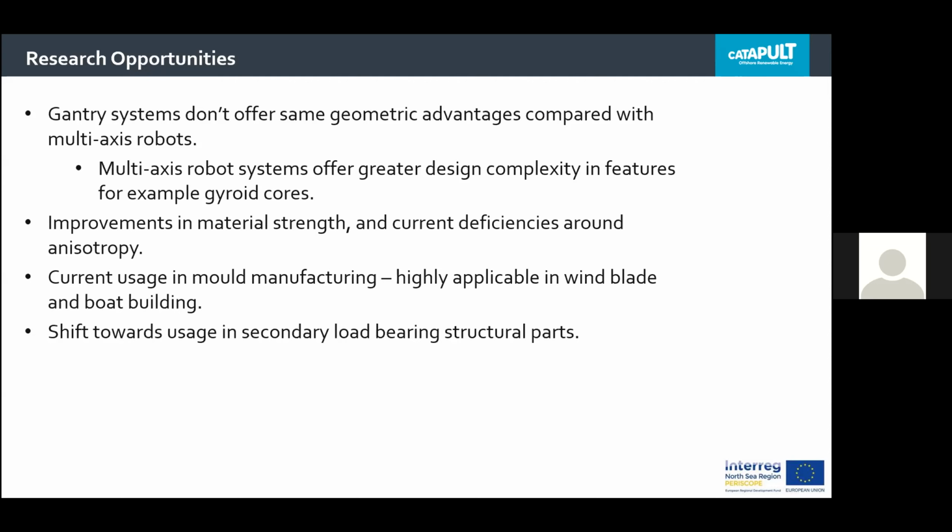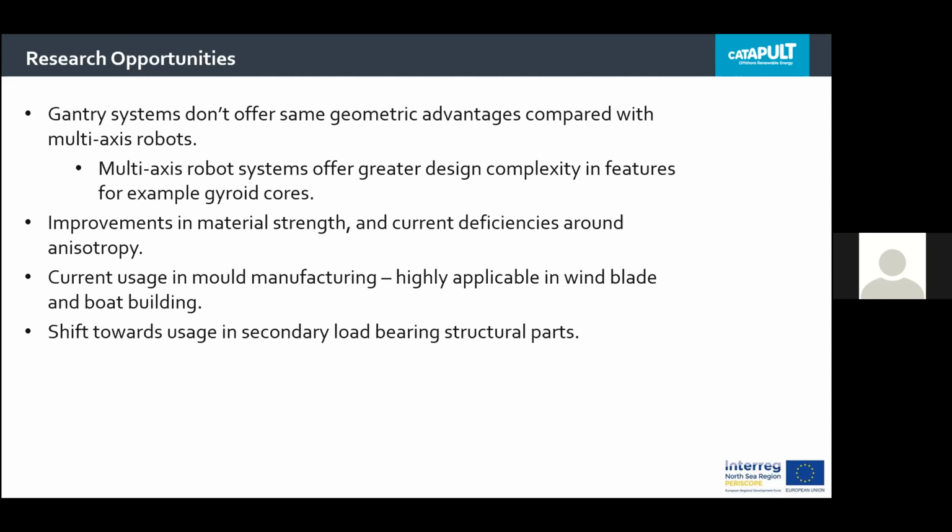To add to the excellent body of research that's already been carried out, multi-axis robot systems such as the one we've recently invested in with SEAD offer really high quality design complexity for features, which will enable us to carry out novel solutions in foam and cores. For example, gyroid cores, which is another thing Mark's going to elaborate on in his slides after this, in which we can tailor the stiffness along the part.